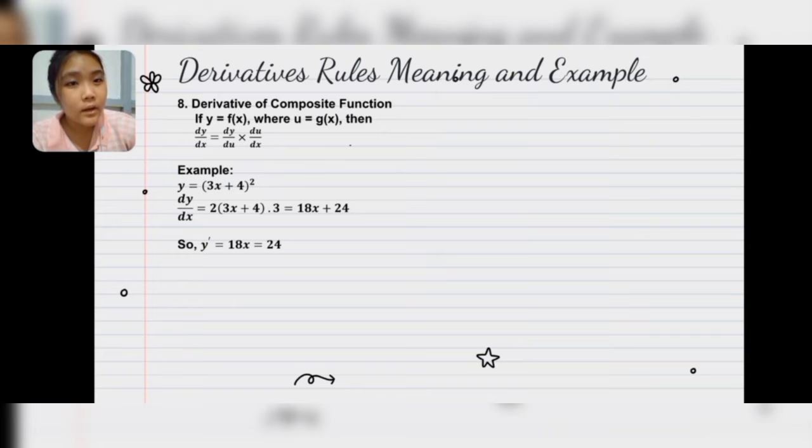Why 24? It is because 2 multiply with 4 is 8, and then 8 multiply by 3. It means 24. So the first derivative for this function is 18x plus 24.